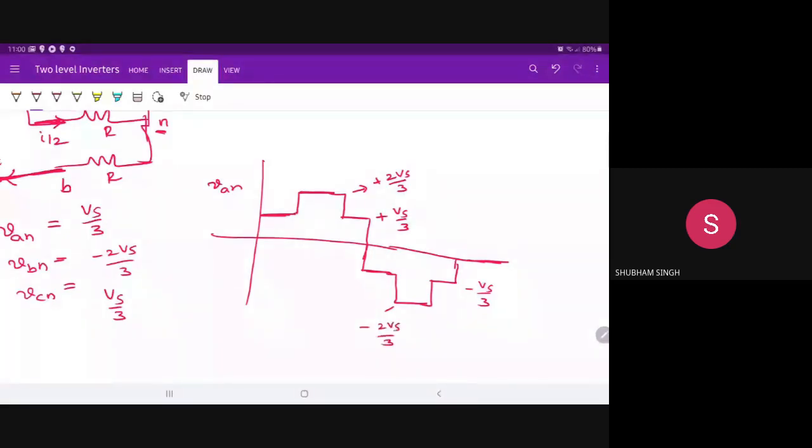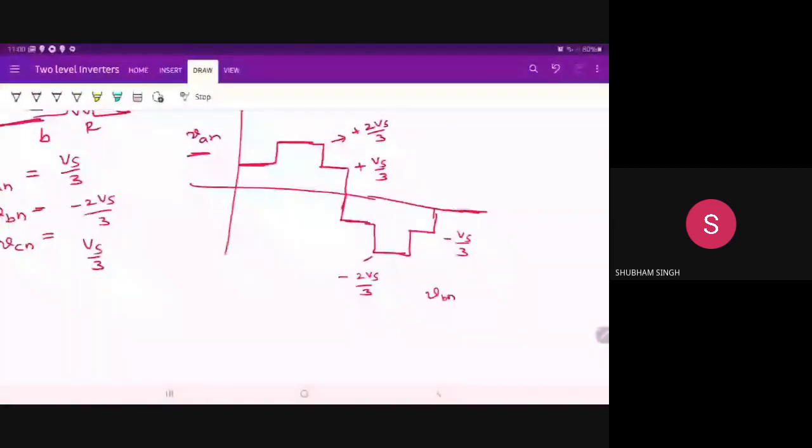So this is VAN, the A phase corresponding voltage. The rest of the phases VBN and VCN are displaced by 120 degrees.